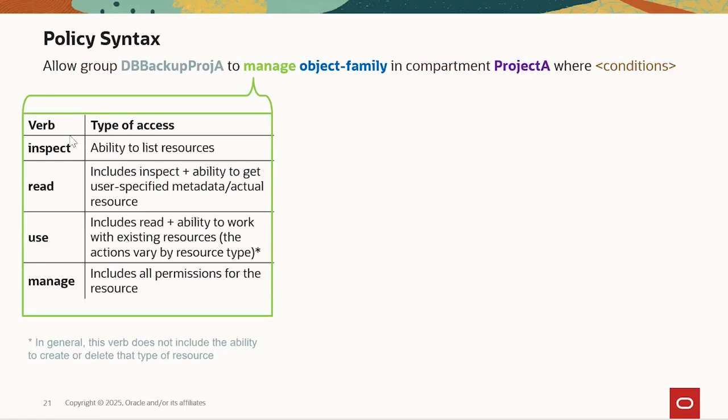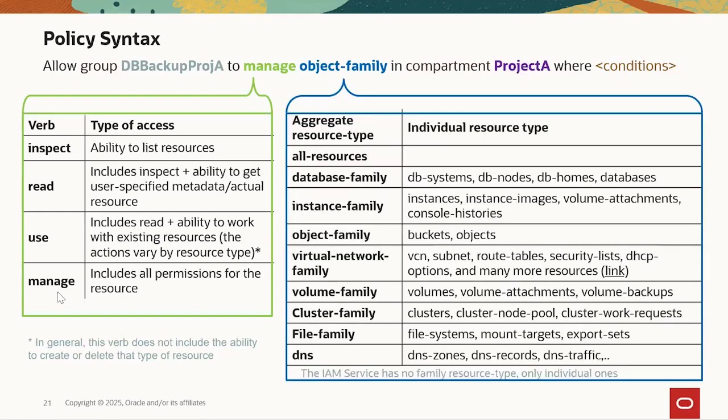There was something called a verb in the syntax, right? The verb is nothing but the level of access you're trying to give to this group of users, inspect being the lowest and manage being the highest. There is also the resource type in the syntax. We have object family over here, which is an aggregated resource type. In OCI, we have aggregated resource types and individual resource types.